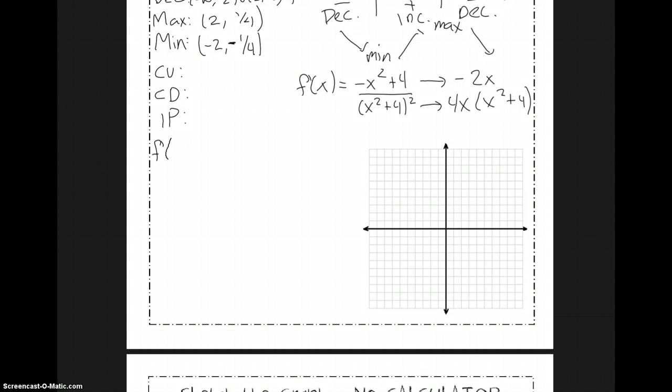So f double prime, this is our second derivative of x, equals low d high, negative 2x times x squared plus 4 quantity squared, minus high d low, so that's going to be negative x squared plus 4 times 4x times x squared plus 4, all over low squared, that's x squared plus 4 now to the fourth. So again, do not multiply this out.